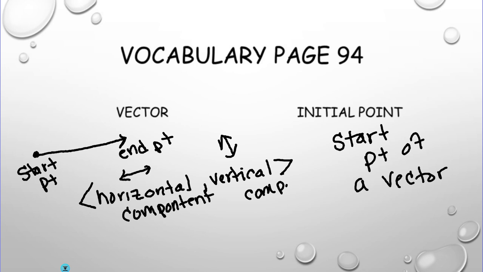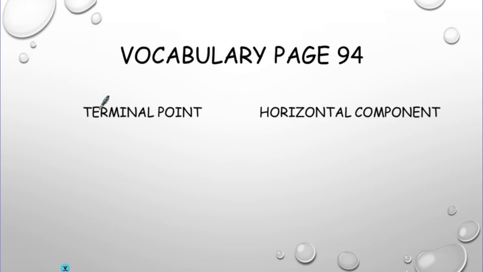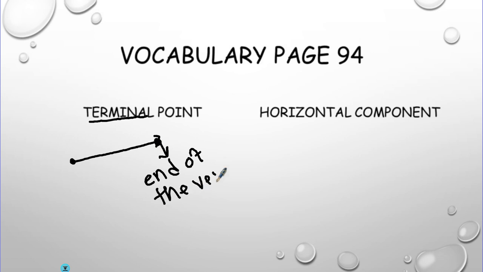Now let's go to the next word. Terminal point. The terminal point is the end of the vector. Or terminal means to stop. All right, that's that piece out here, the end of the vector. All right, and as I just told you, a horizontal component is the horizontal movement of the vector, okay?